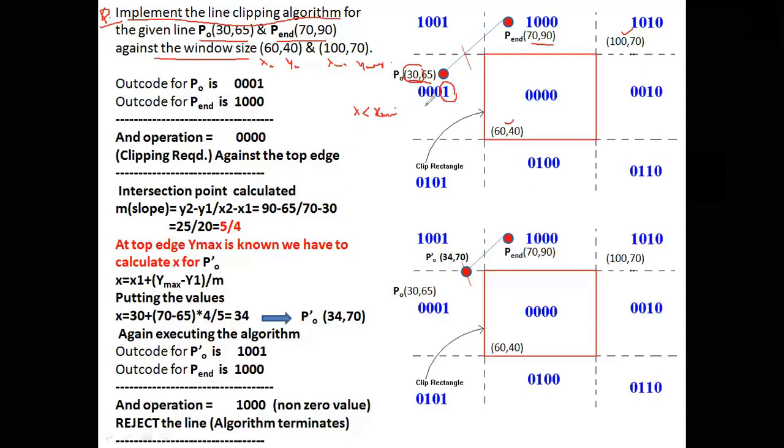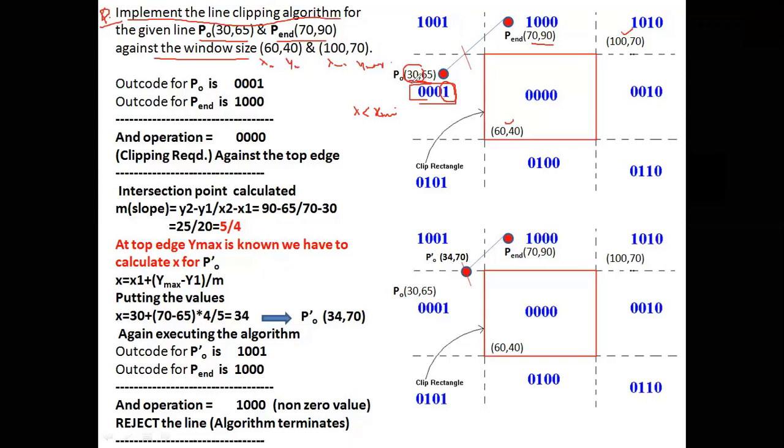That is why the code is assigned. Likewise, for the Y value 65, this gives the code 0001.